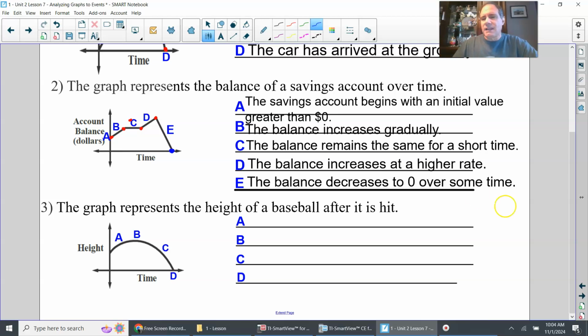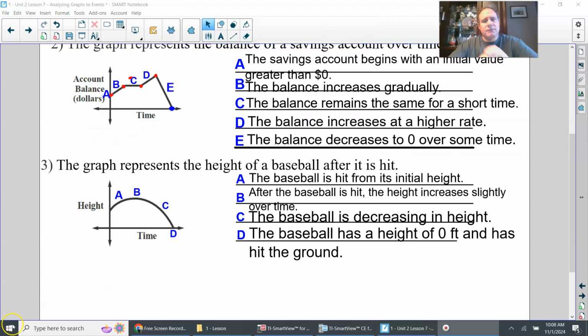So number 3, the last graph, that represents the height of the baseball after it is hit. We'll come back with A, B, C, and D already on there. Okay, the baseball's hit from an initial height, and you can see the initial height right here. There's your initial height. After the baseball's hit, the height increases gradually, and that's where you see A right here.